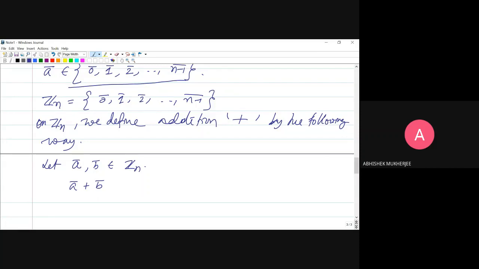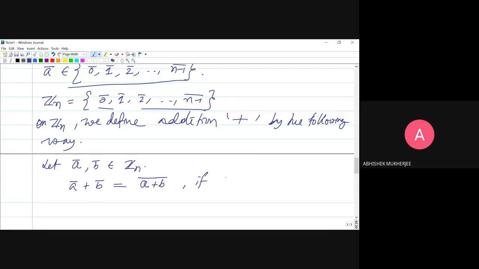To make it a binary operation, we need to find one equivalence class out of these equivalence classes. So how to define this? You can define this addition this way: a class plus b class will be considered as a plus b class.